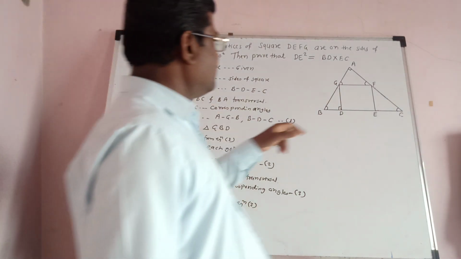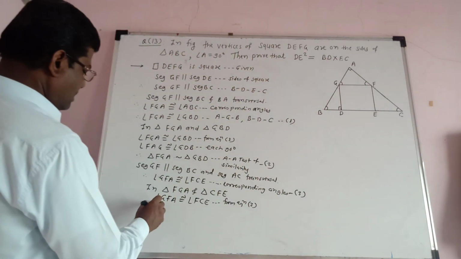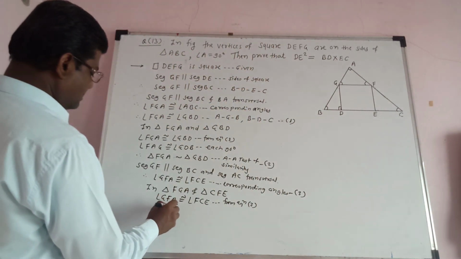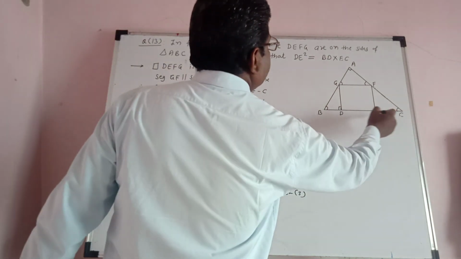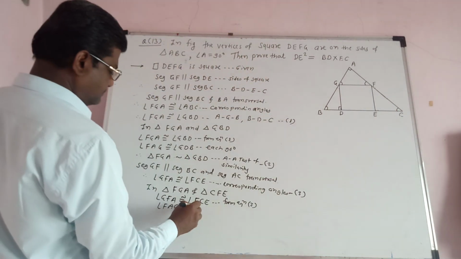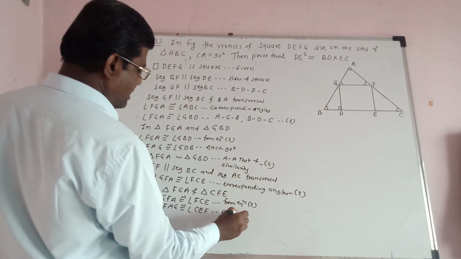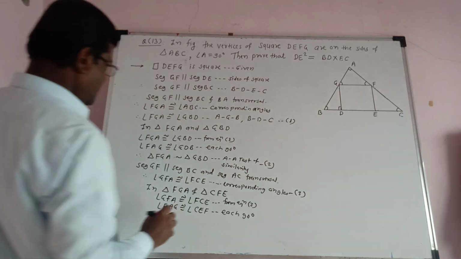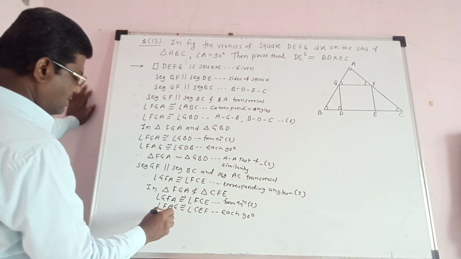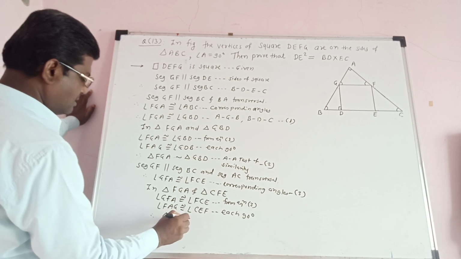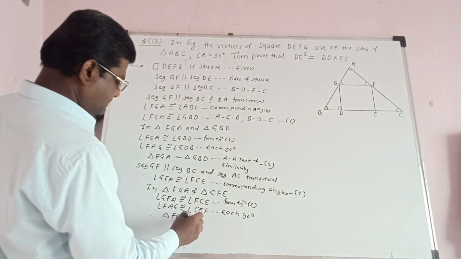In triangle FAG, angle FAG is congruent to angle CEF, each 90 degrees. Therefore, triangle FGA is similar to triangle CFE.